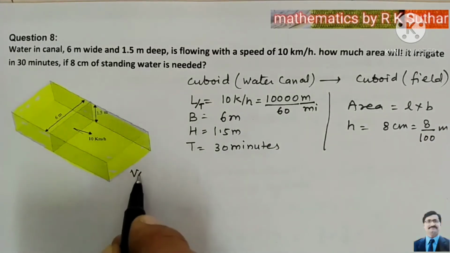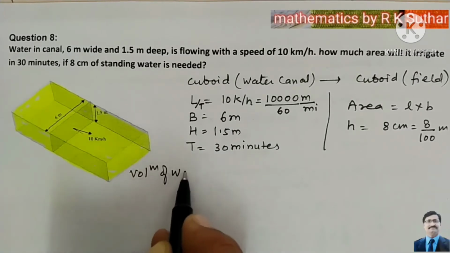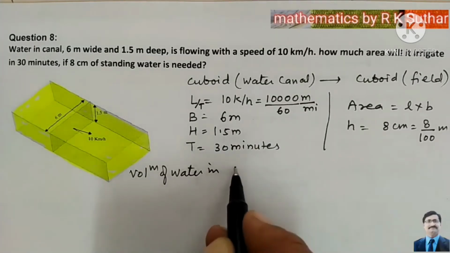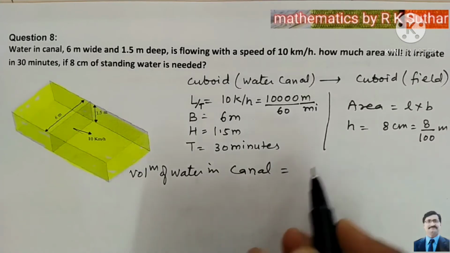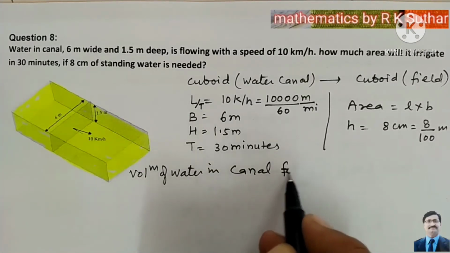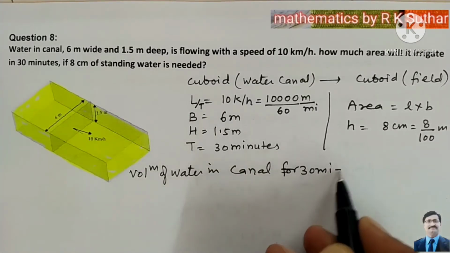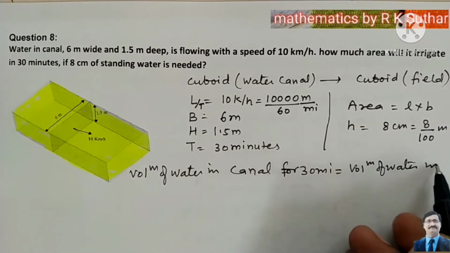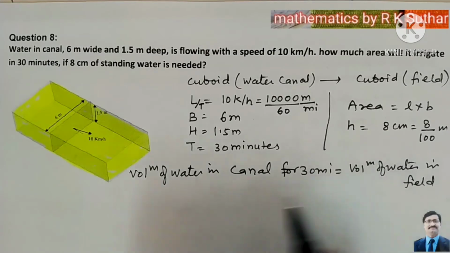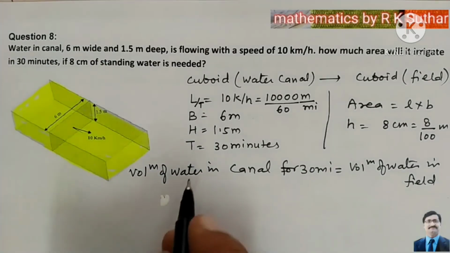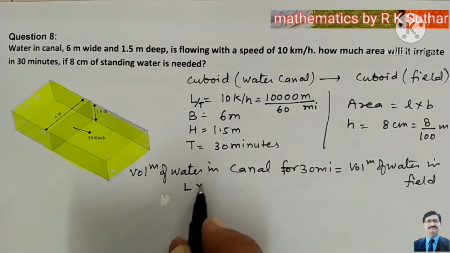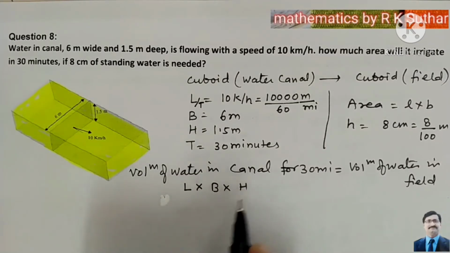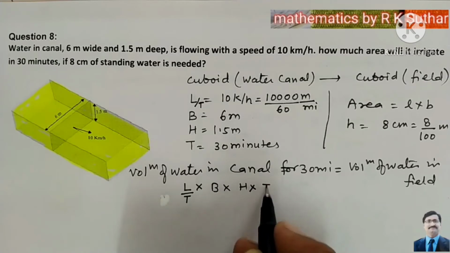Now volume of water in canal in 30 minute equal to volume of water in field. All of you understand? We can write here length into breadth into height, but here length upon time is given, so we have to multiply by time again.